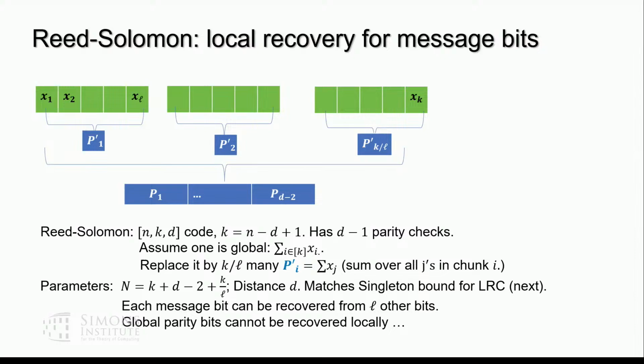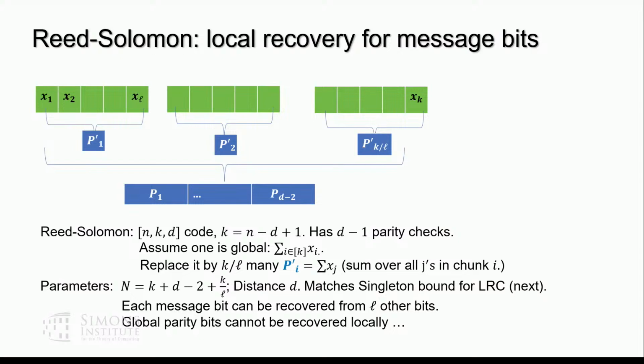We're going to replace this global parity by more local parities. Replace it by, let's say, K over L local parities, one per chunk, assuming that K is divisible by L. Therefore, we get a code of length K plus D-2 global parities plus K over L local parities.